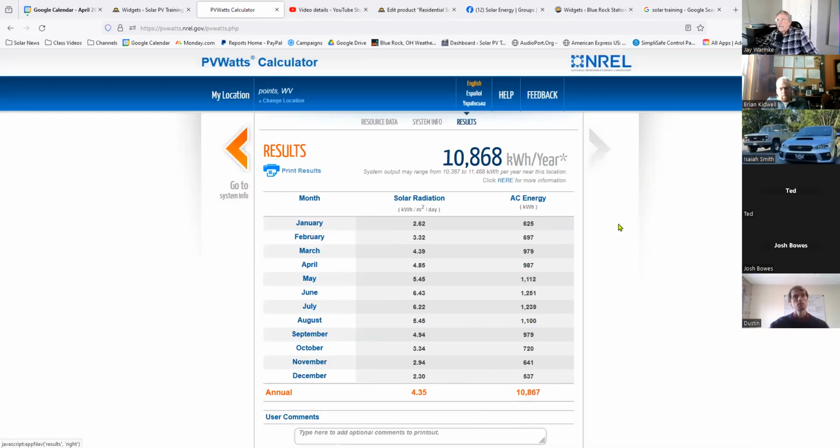As you can see, none of this is a real exact science, but the way that we figure it is: 850 kilowatt hours per month divided by 30.5 gives us the daily rate. Then you divide that by the hours of insolation, and then you divide that by the system derate. So that's how you calculate the size of the array.